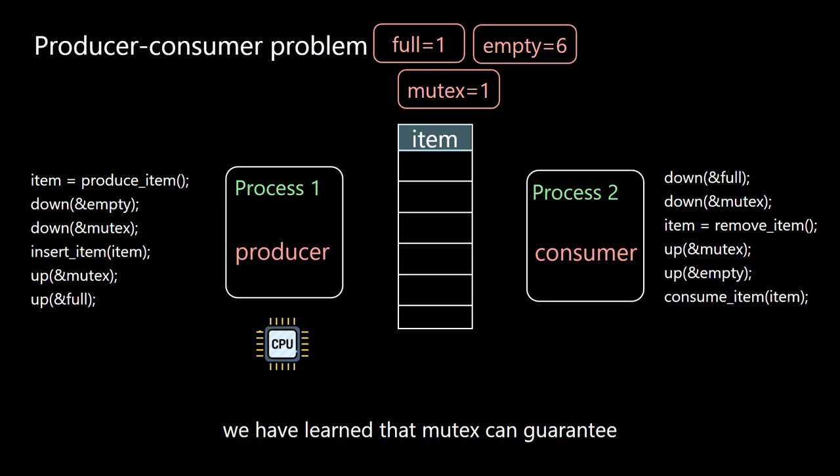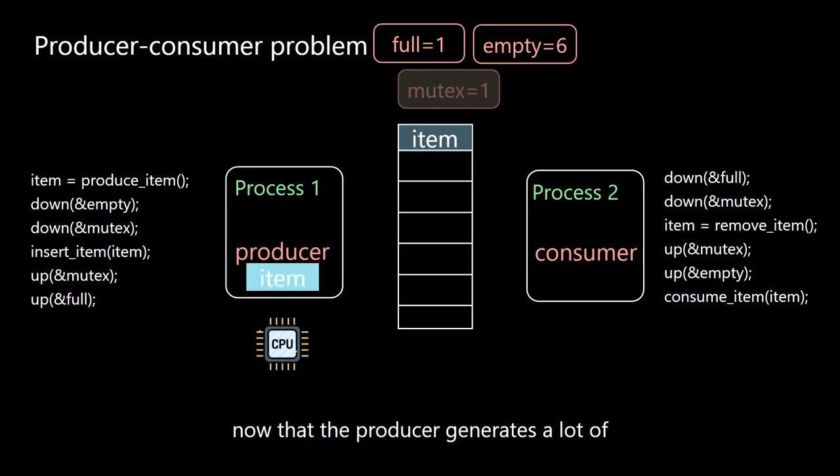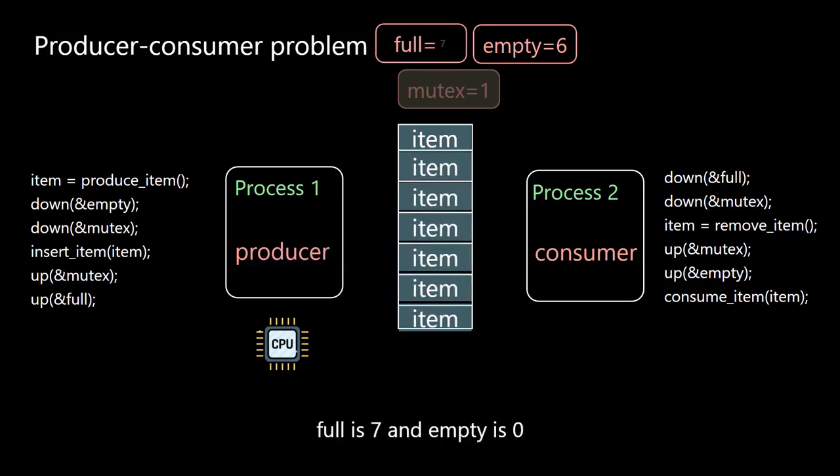Just now, we learned that mutex can guarantee mutually exclusive access to the buffer between processes. Now we mainly look at the role of the full and empty semaphores. Suppose now that the producer generates a lot of items and the buffer is filled. At this time, full is 7 and empty is 0.